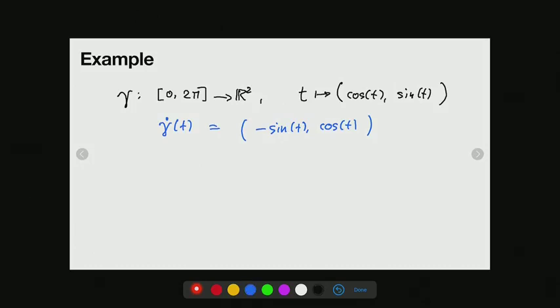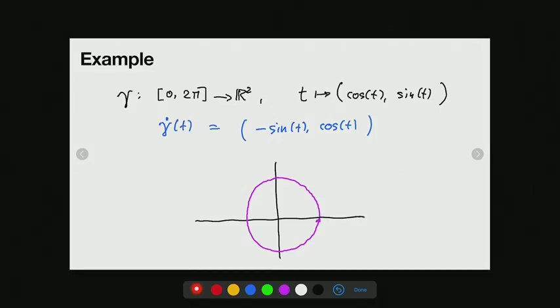Now, if I try to visualize this, which is a good idea, it's always a good idea to visualize things. I got my parameterization, my curve, going into the counterclockwise direction once around the origin.